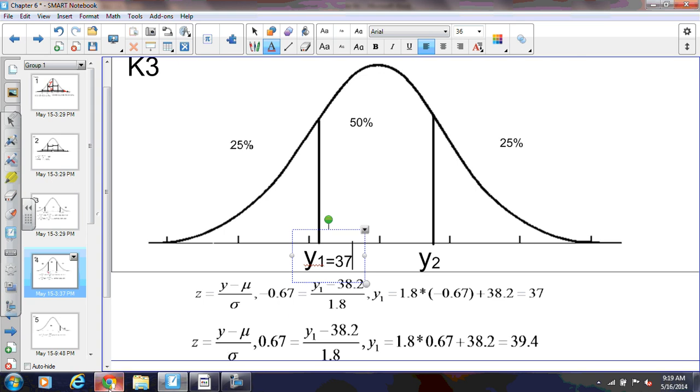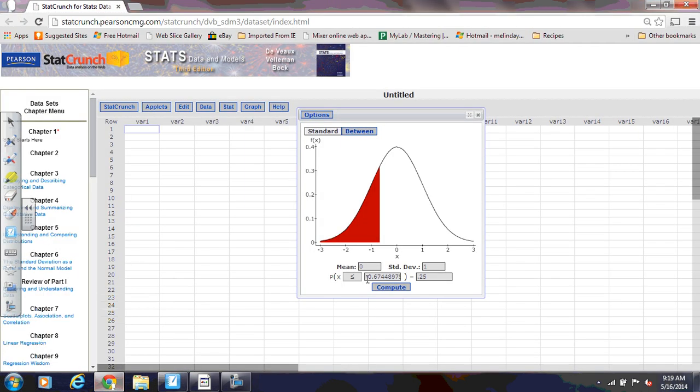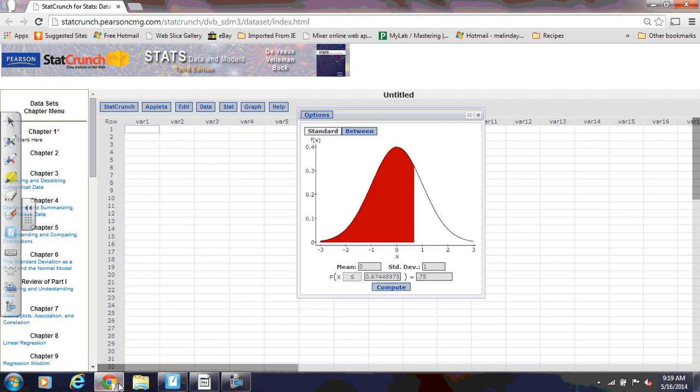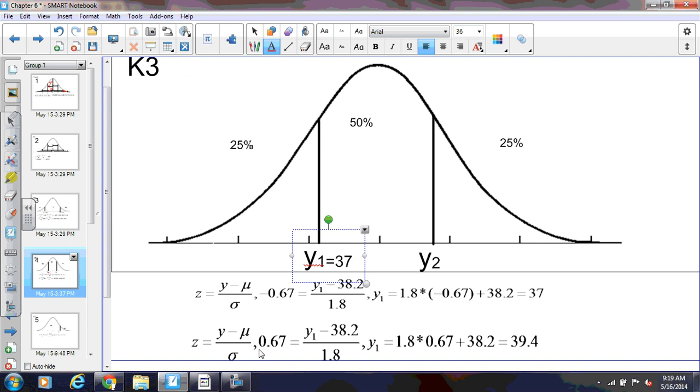We're going to go back, and because it's symmetrical, we know that it's going to be positive 0.67, but just to show you, we put in 0.75, and we get a positive 0.67. So again, we substitute 0.67 in for z, and we're solving for, well, in this case, that should be y sub 2.